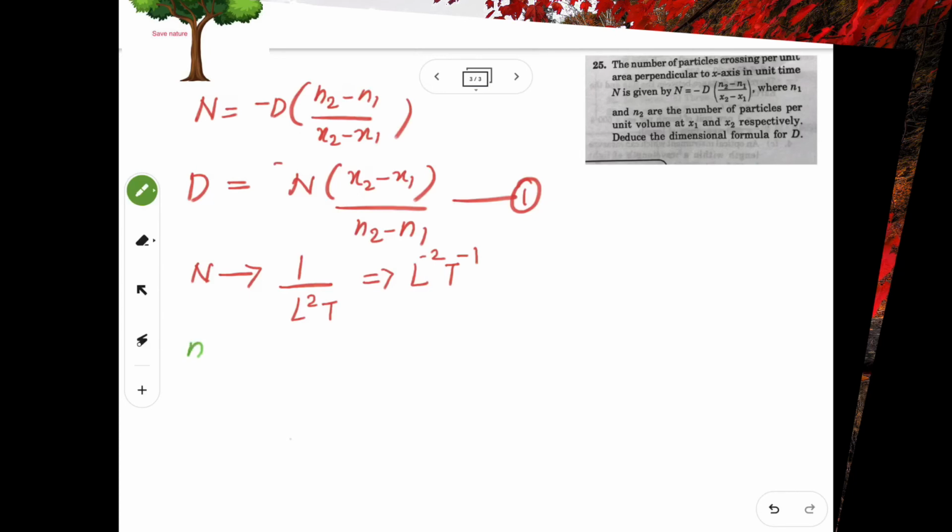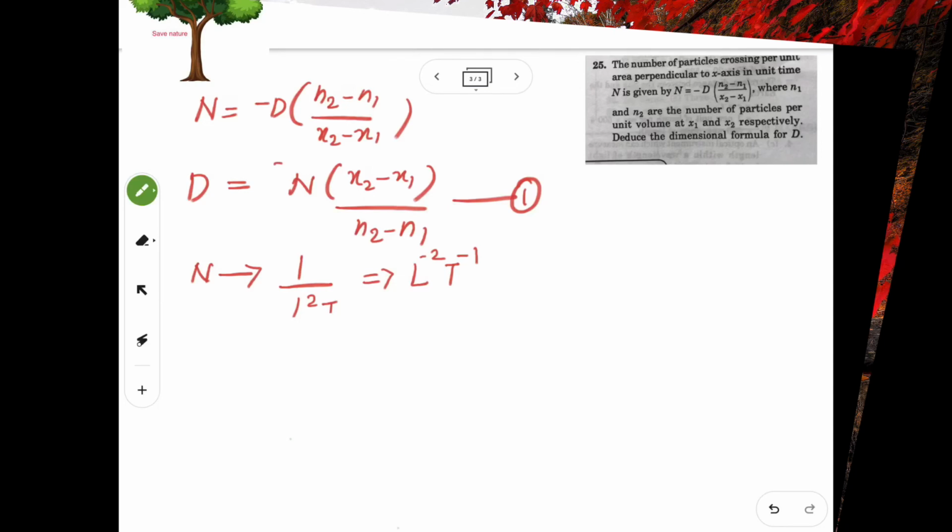So the dimension of n1 will be equal to the dimension of n2, which is the number of particles per unit volume.